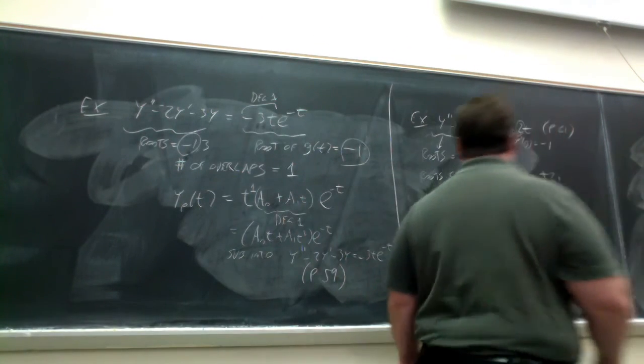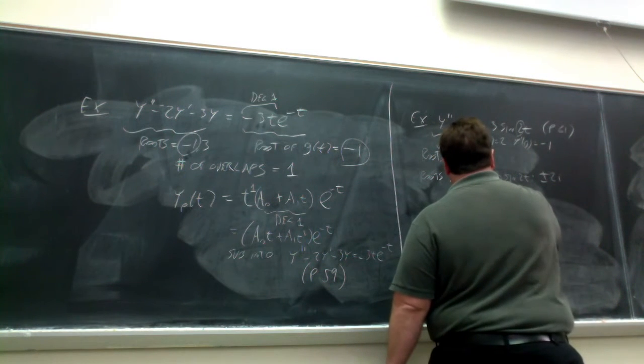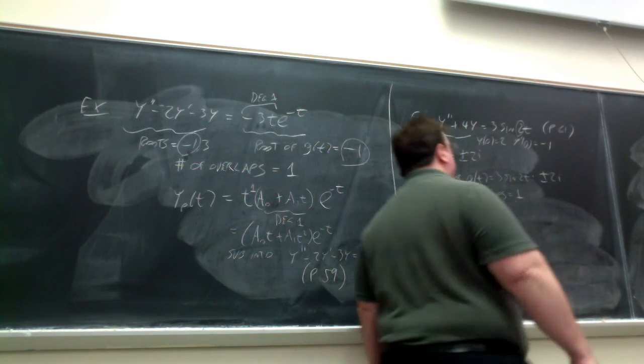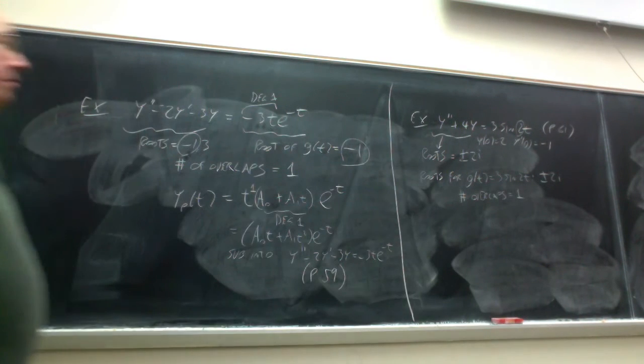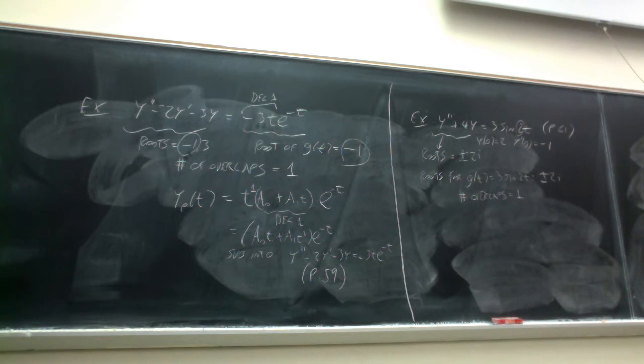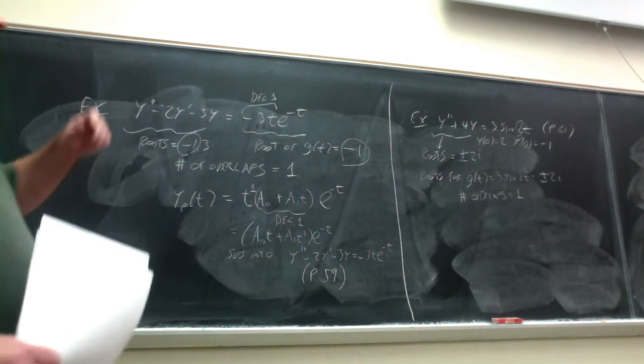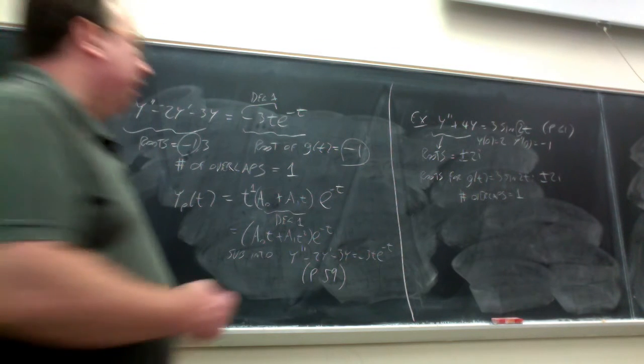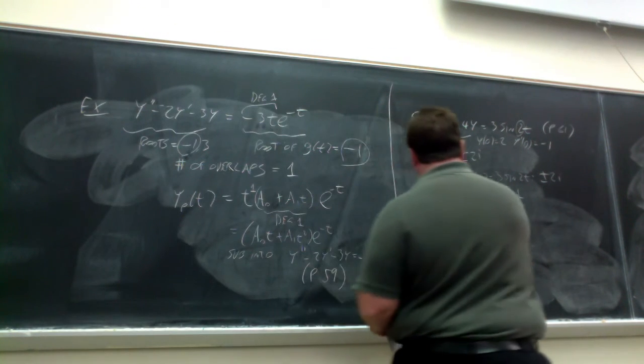Okay, so the number of overlaps for these purposes is 1. You're looking at either one of the complex roots, plus or minus 2i. Either one of these roots appears once as a root of the original equation.